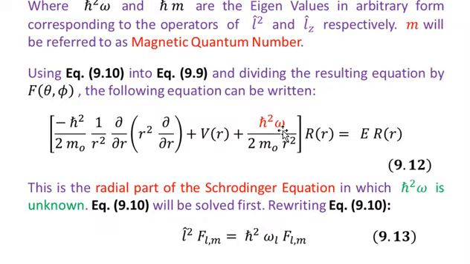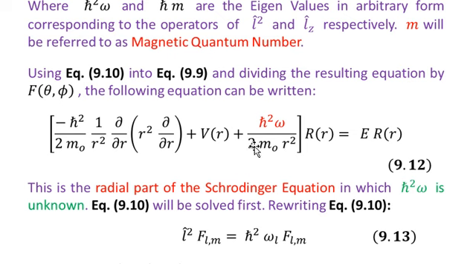So if we know the value of omega, we can plug it in over here, and then we shall be able to solve the radial part of this equation. This equation, equation number 9.12, will be solved in the next part of this slide, that is in slide number 9b.